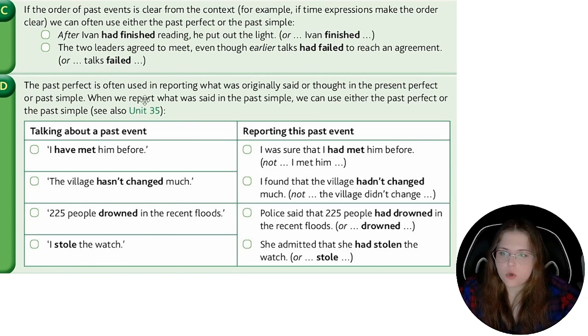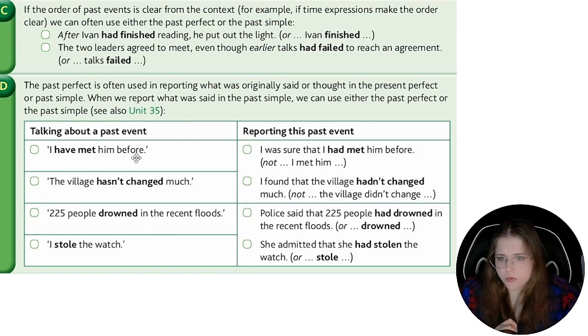The past perfect is often used in reporting what was originally said or thought in the present perfect or past simple. When we report what was said in the past simple, we can use either the past perfect or the past simple. This is about direct speech and reported speech. I think you can know this rule.